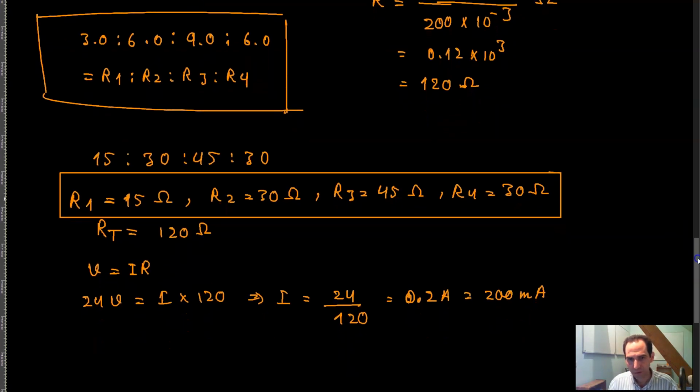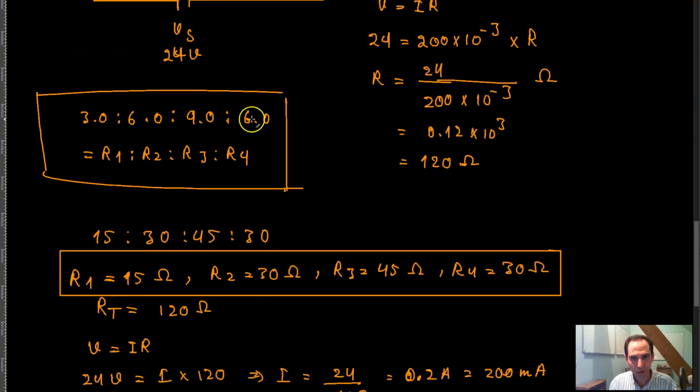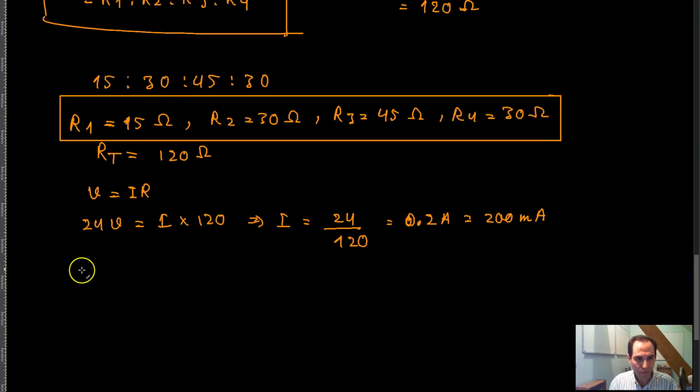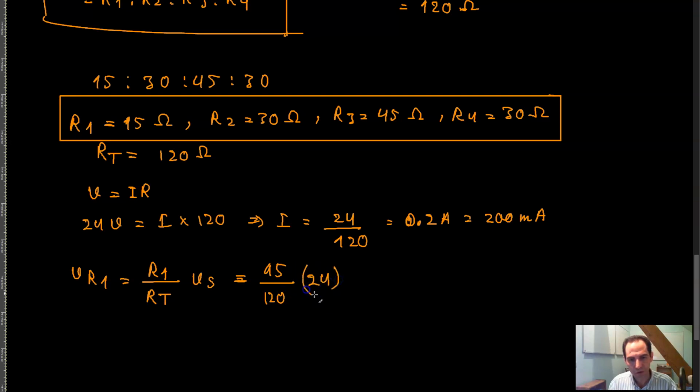Now let's see if we actually get the same voltages on the resistors R1 through R3, right? So V of R1 in this case would be R1 over R_T times V_S, which is equal to R1, which is 15 ohms, over R_T, which is 120 ohms, times V_S, which is 24 volts.